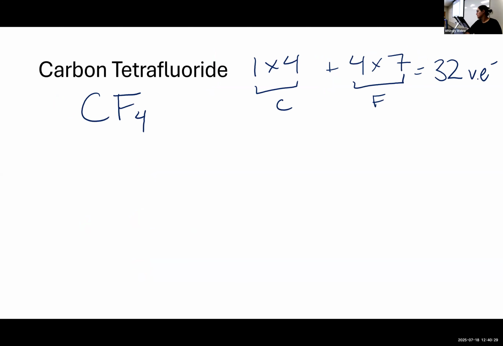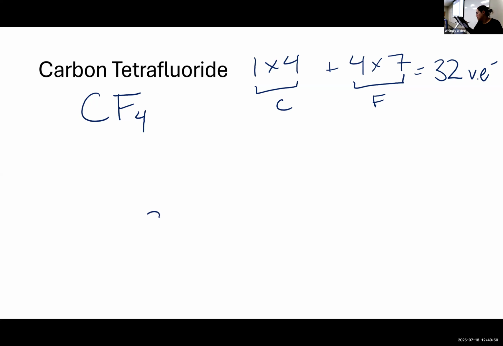Yeah. So just like the previous one, fluorine is the most electronegative. Carbon is definitely not as electronegative as fluorine, and carbon's written out front. So it tells us carbon's probably going to be the central atom here.